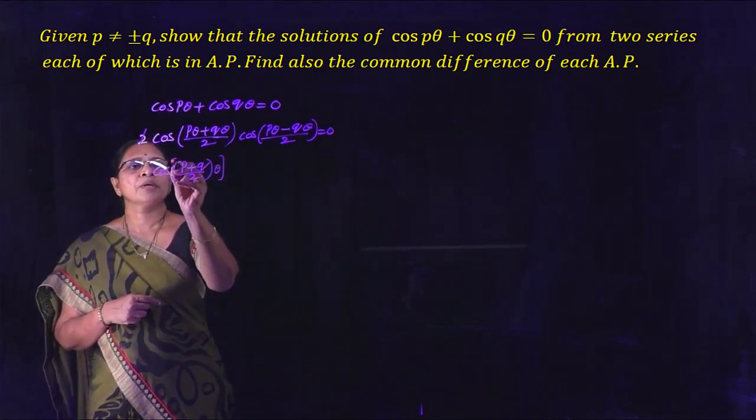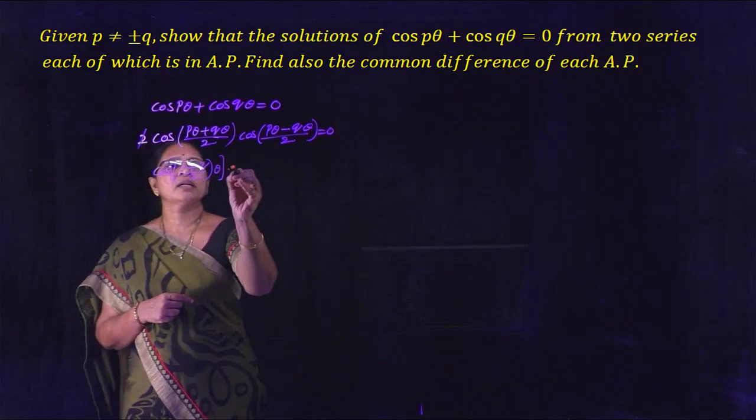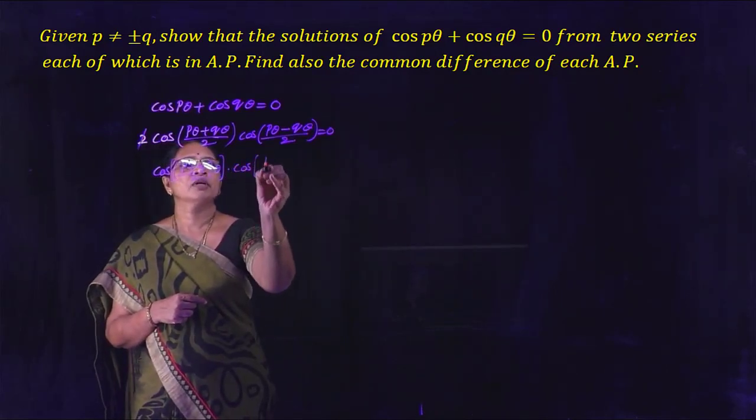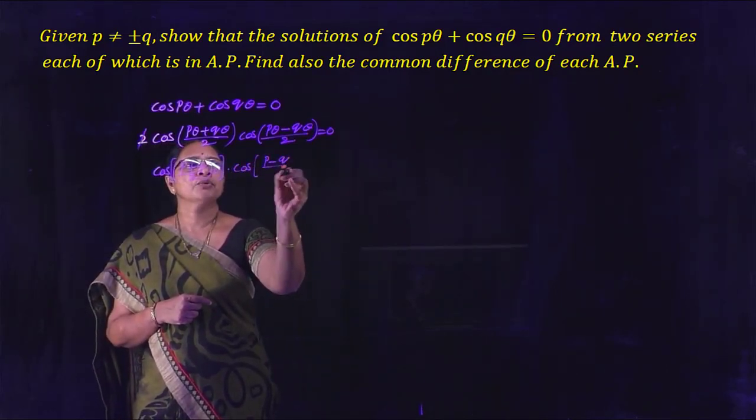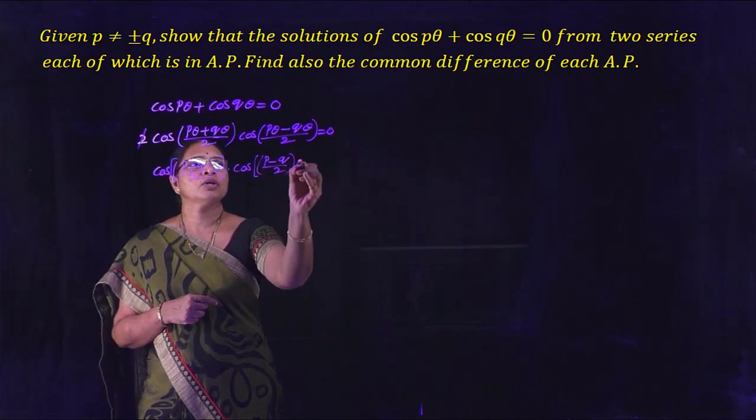Cos of p plus q by 2 theta into cos of p minus q by 2 theta equal to 0.